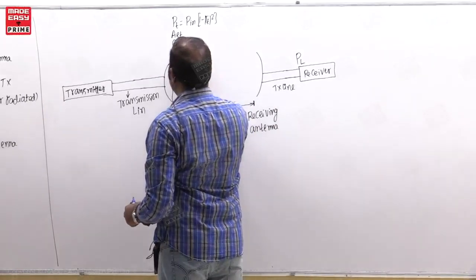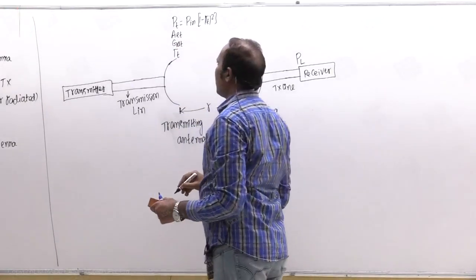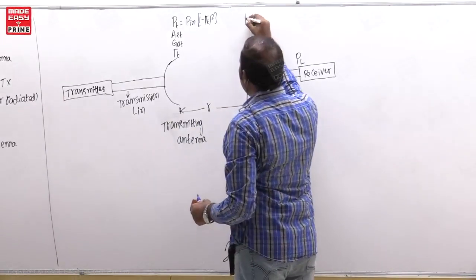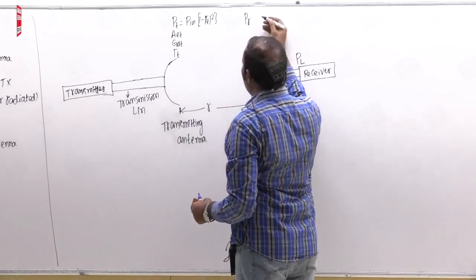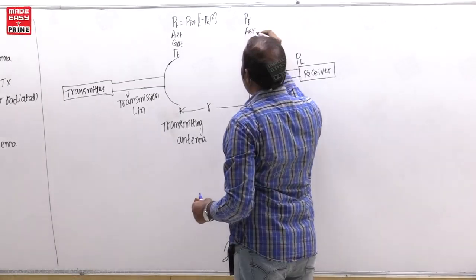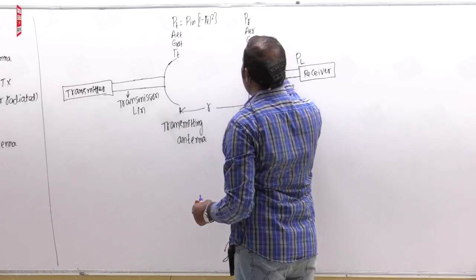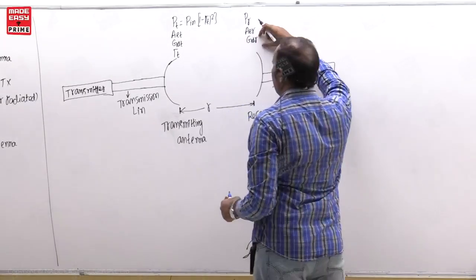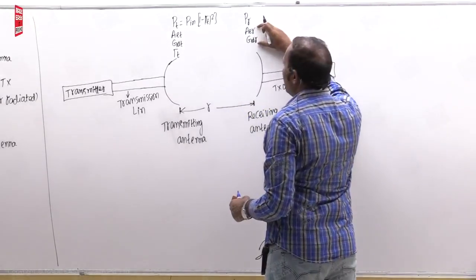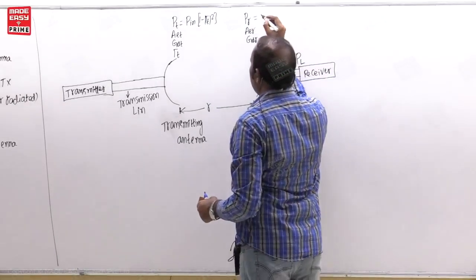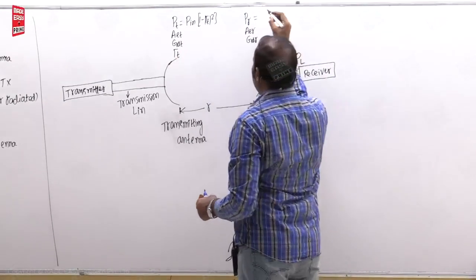So it has gamma T, the reflection coefficient of the transmitting antenna. Similarly, PR means power received by this, and AER means receiver effective area, no need to write. GDR means receiving antenna directive gain. Already I wrote them.